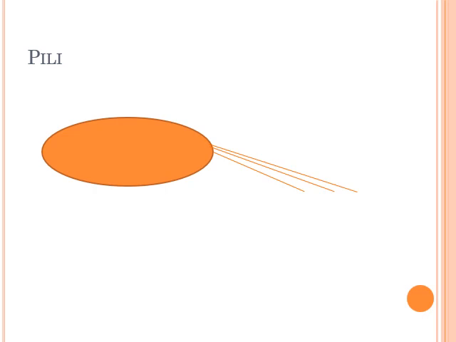Pili are going to be assembled or disassembled in front of or behind the cell in order to move it by pushing or pulling. So with flagella, you can move the bacteria forward and backwards. With pili, you can pull the bacteria forward or push it backwards.